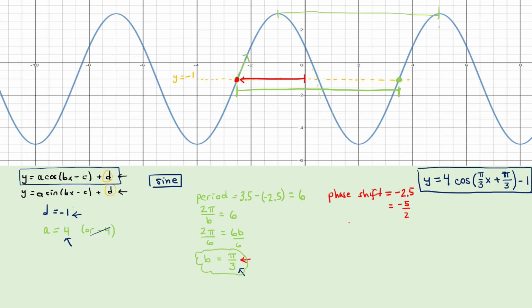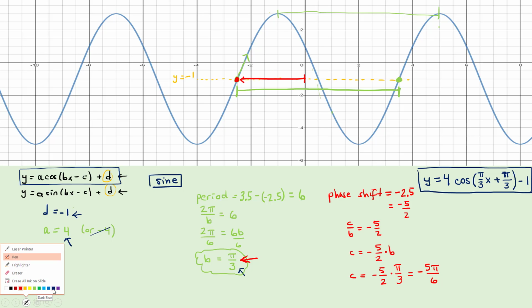Phase shift is c divided by b. And multiplying by b, c is -5/2 times b, and of course b is still pi/3, so c is -5/2 times pi/3, which is -5 pi divided by 6.